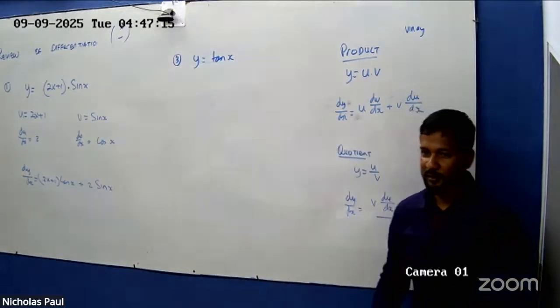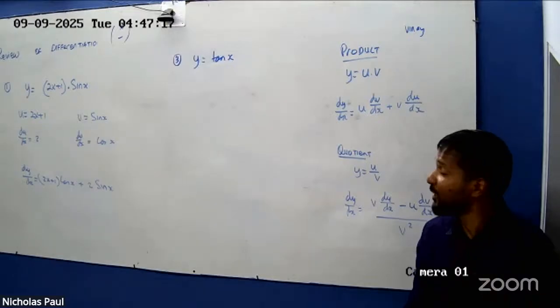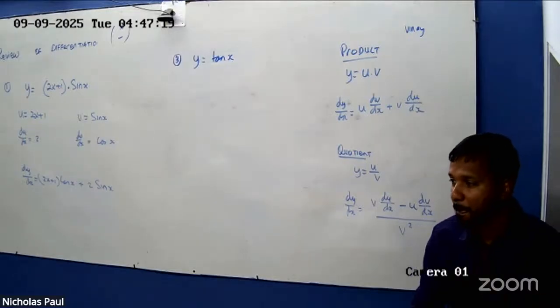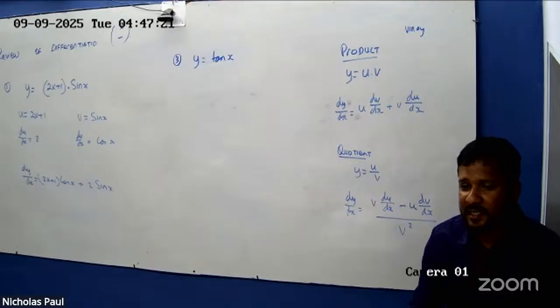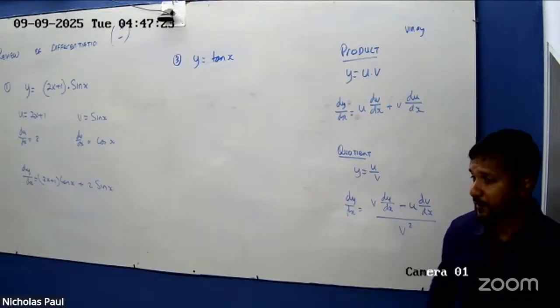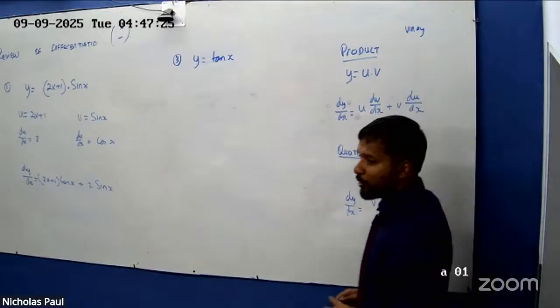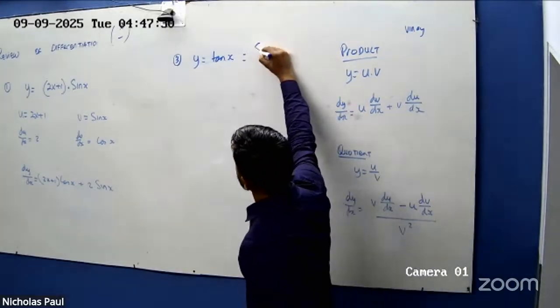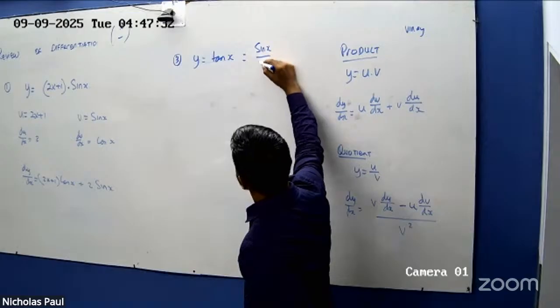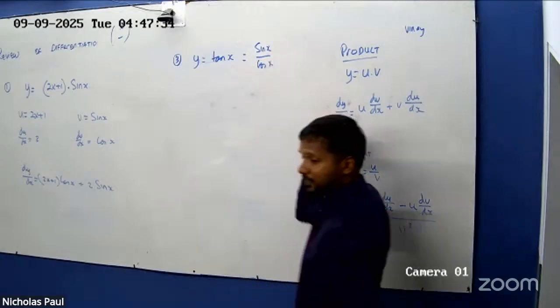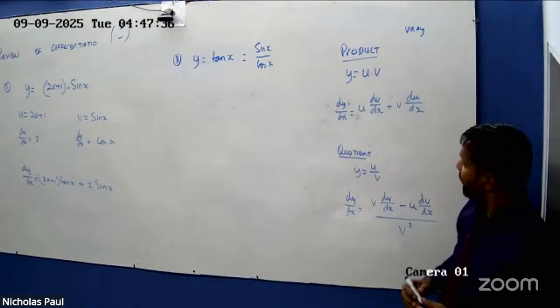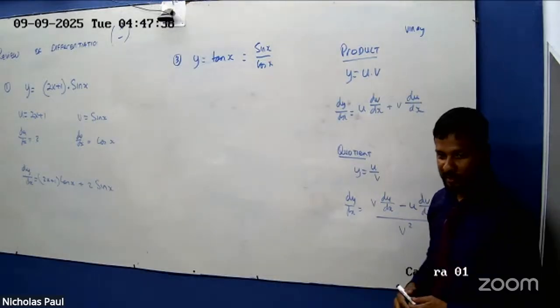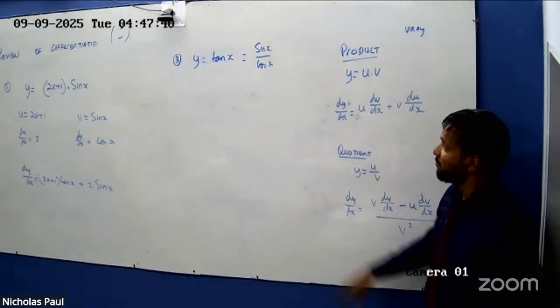What's tan? Tan is what? Tan is sine over cos, right? So which rule are you going to use? That one? Quotient rule, nice. As Nathan said, the fraction rule. Fraction rule and non-fraction rule. Try that fast.